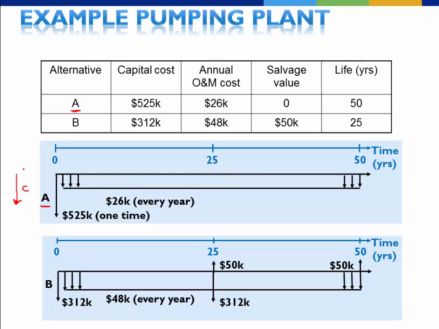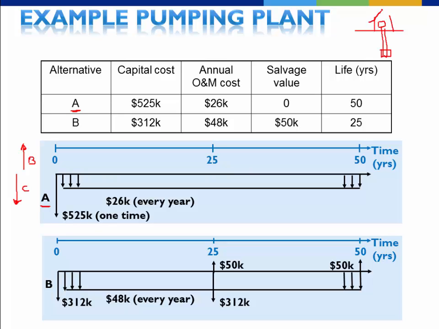Everything with an arrow upward means a benefit. In project A, you have a capital cost, and imagine that what you're going to be building is a pumping plant for a specific water agency, where you want to estimate two different projects to build a pumping plant.